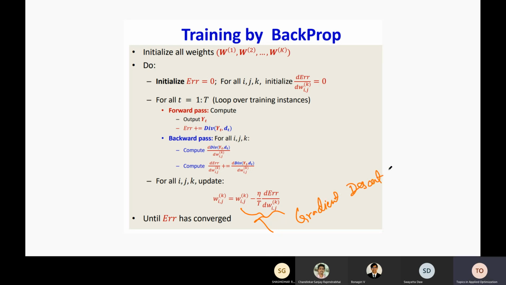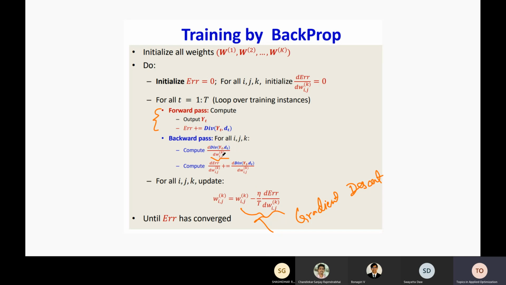So what did we do overall? The training of the network looks like this: first you do the forward pass, and in the forward pass you store all the intermediate values that you are going to need.